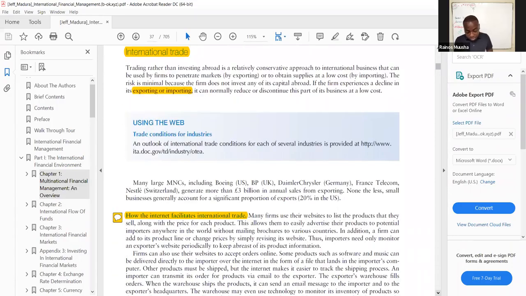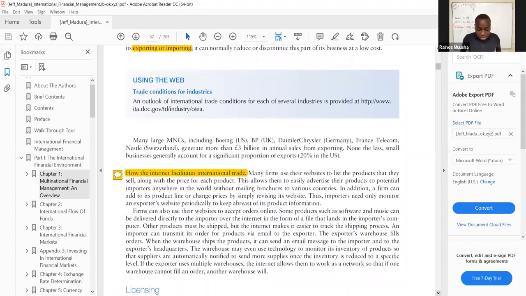Now, from an international trade perspective, we see that importing and exporting is more facilitated by the use of the internet. For example, you're able to go on Amazon or AliExpress, which means you're able to actually import goods from China directly as a customer as well.